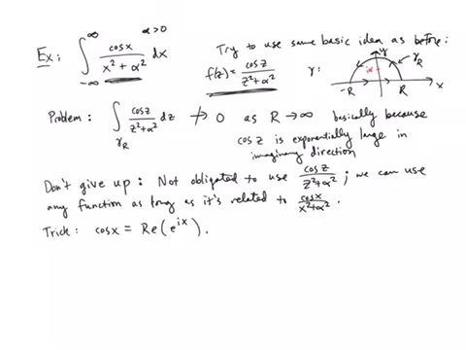Okay, so what we'll do is consider f of z to be e to the iz over z squared plus alpha squared. And so that's the function we're going to integrate over that curve.